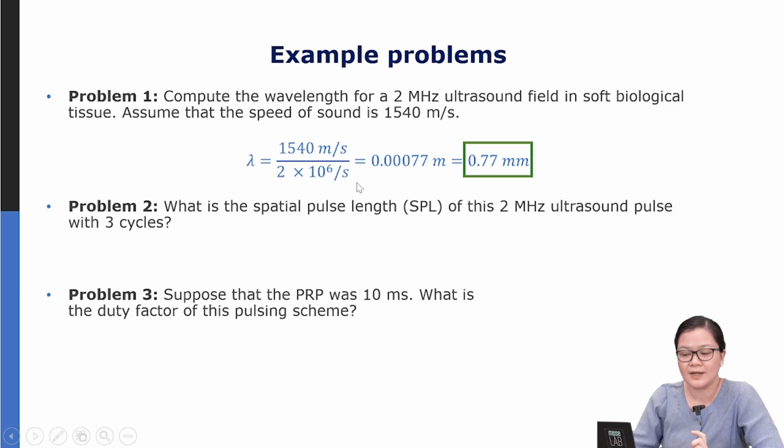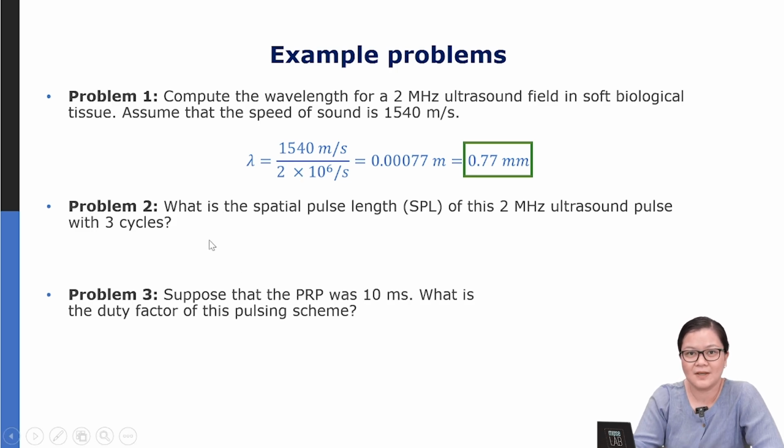The unit of hertz is 1 per second. So we compute this equation and we get 0.00077 meters. Now when we think of ultrasound frequencies, we usually think in the order of millimeters. So we can convert this into millimeters, and our final answer is 0.77 millimeters.